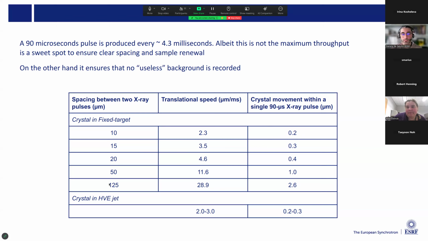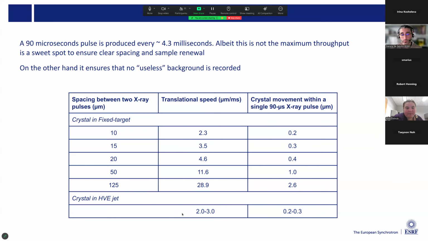But even in the worst case scenario, when we use the Oxford silicon chip, in which the spacing is 125 micron, defined by the geometry of the chip, the movement is less than 3 microns, smaller than the size of the aperture at the end of the funnel.